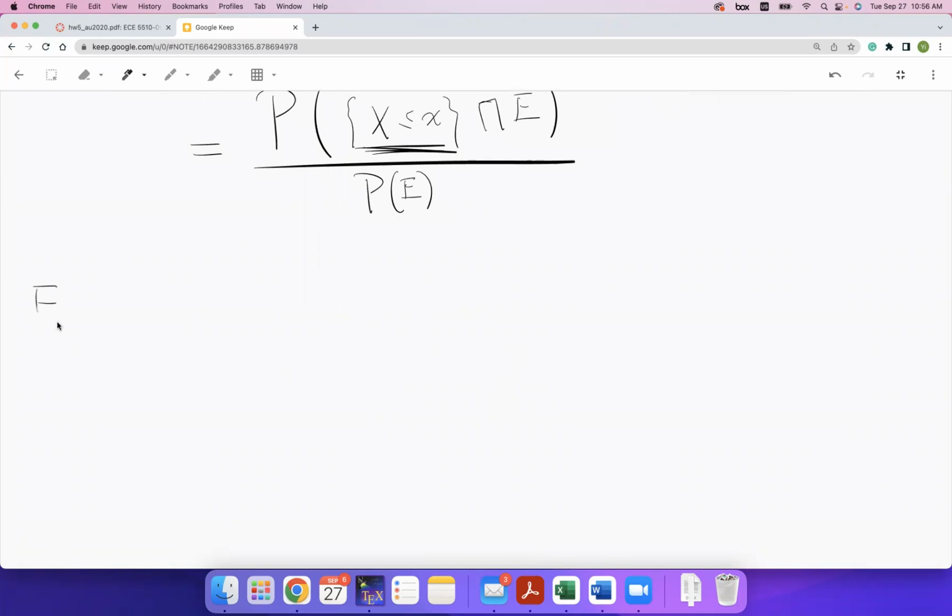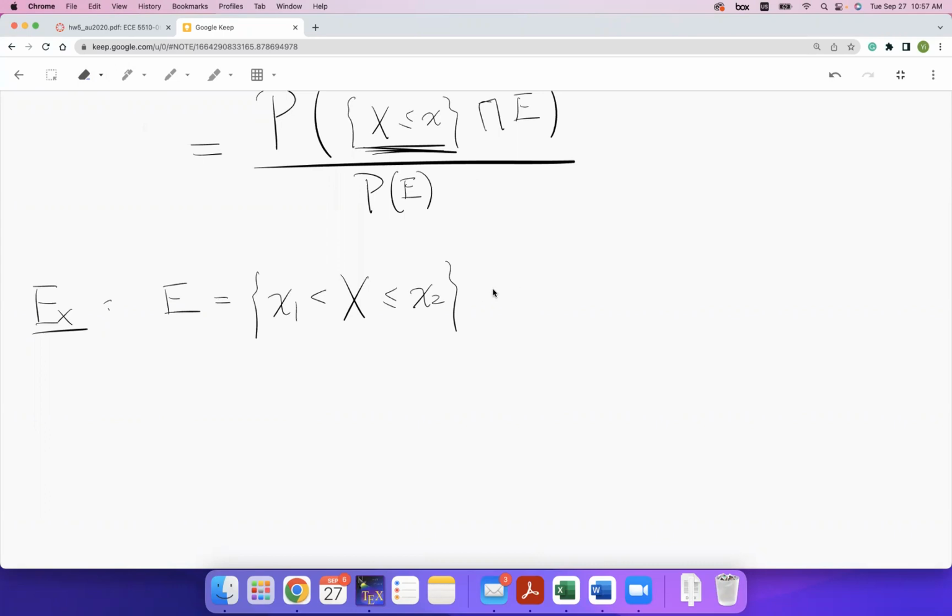For example, let's define the conditional event as this event. It's the event that the random variable takes values between x1 and x2. So here it is strictly bigger than x1, less than or equal to x2.